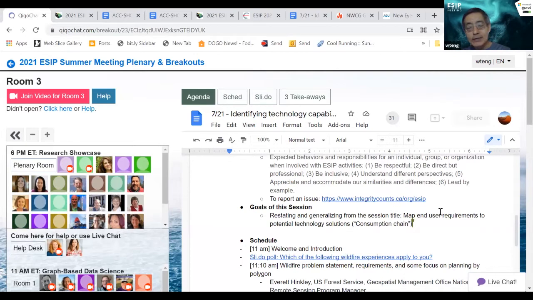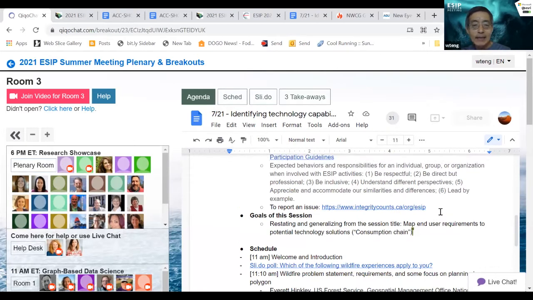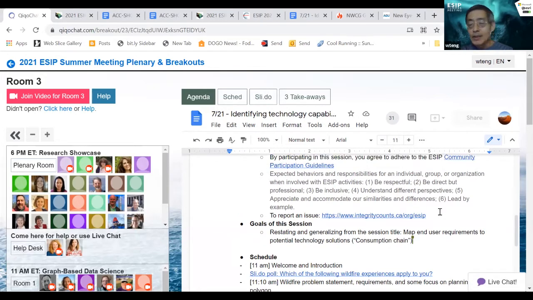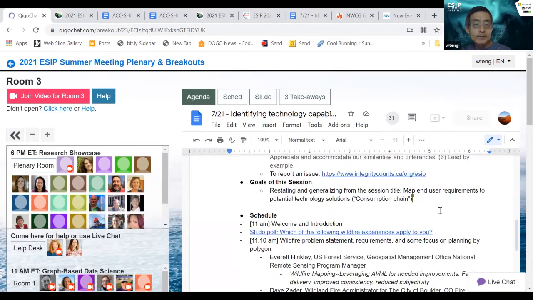As a group, we call that the consumption chain, where we start with the consumers or the end user, the stakeholder or the domain practitioners, and work backwards to what appropriate solutions, technology, data model are appropriate to solve the problem.